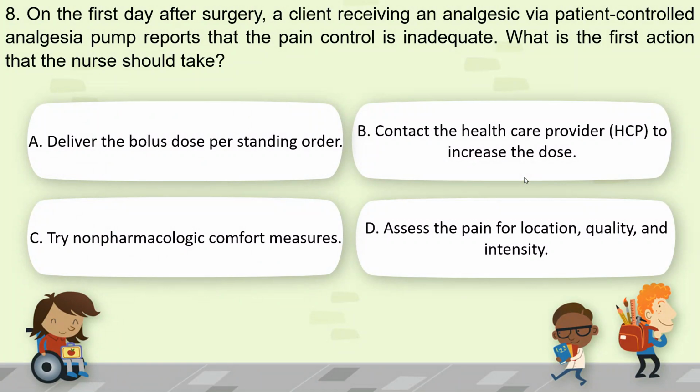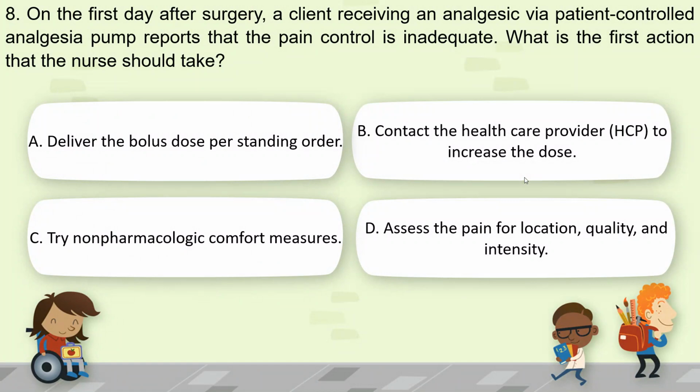So, assess the pain for changes in location, quality, and intensity, as well as changes in response to the medication, and that will guide you on the next treatment. You may observe nurses giving pain medication without performing an adequate pain assessment. That's considered to be an error in clinical performance.